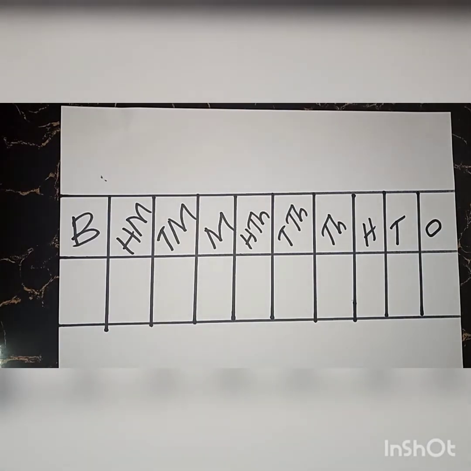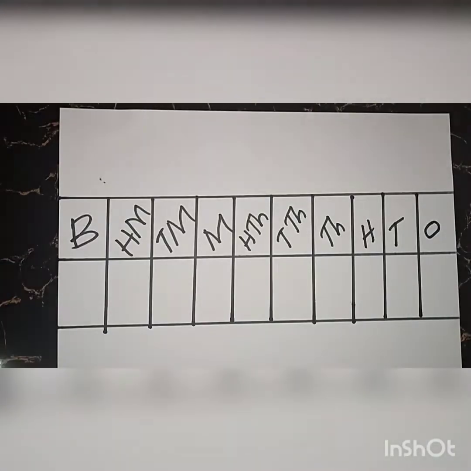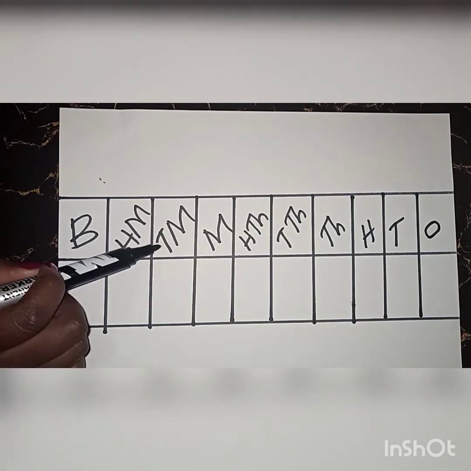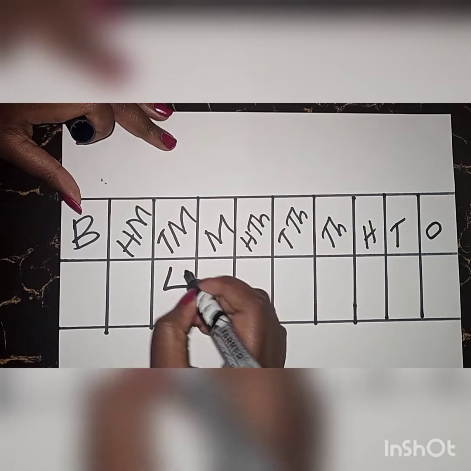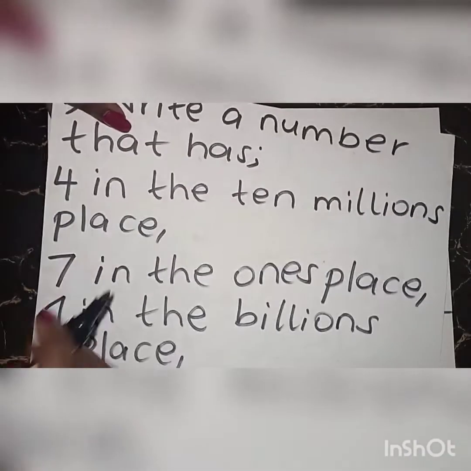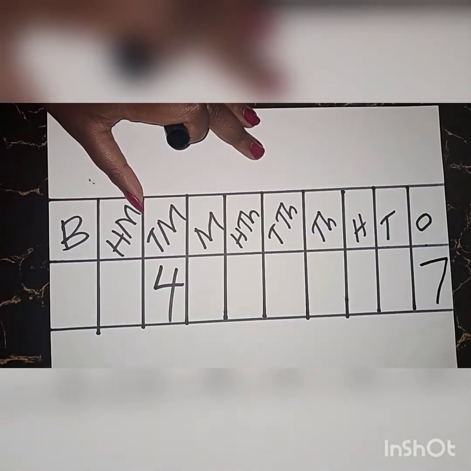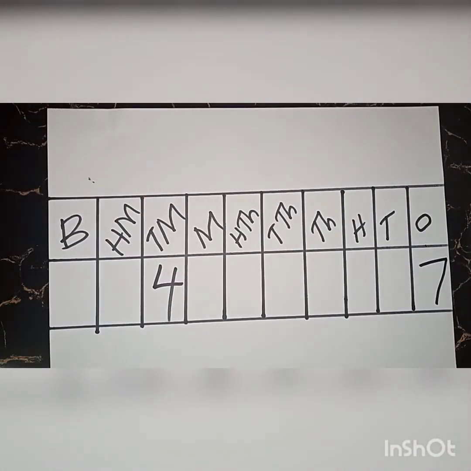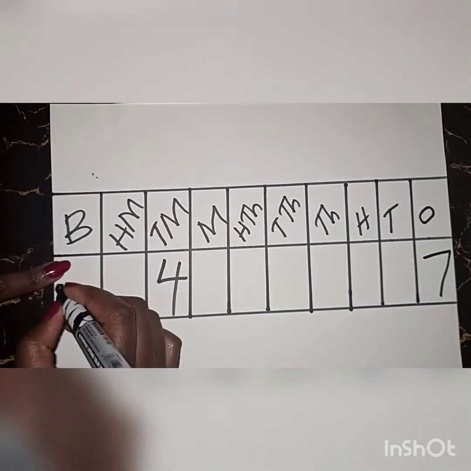This is the 10 millions place, and we've been told that we have 4 in the 10 millions place, so our 4 will be here. 7 in the ones place, so our 7 will be here. A 1 in the billions place, so our 1 will be here.